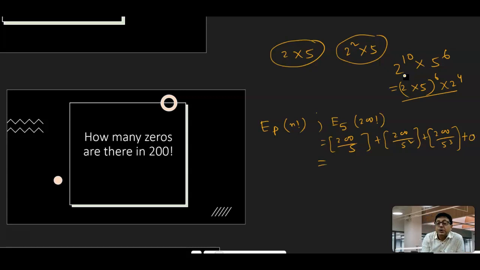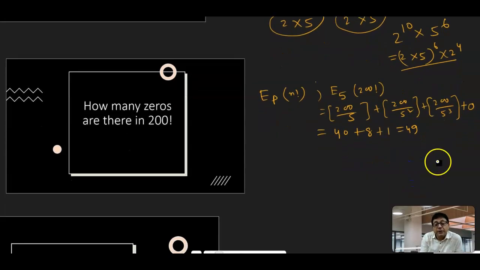Stop. 200 by 5 is 40. 200 by 25 is 8. 200 by 125 is 1. So it is occurring 49 times. In the prime factorization of factorial 200, 5 will be occurring 49 times.